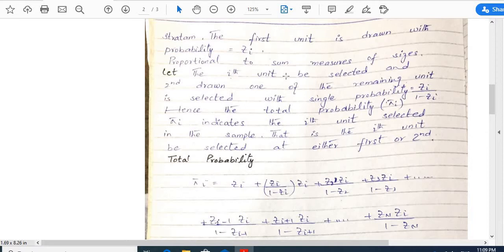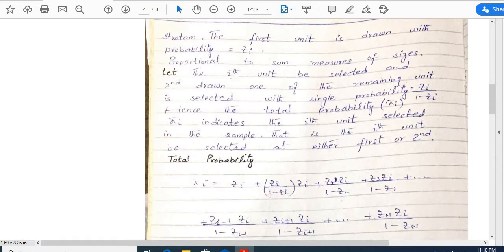The total probability pi i is equal to Zi over... Zi plus Z1 divided by 1 minus Z1. Sorry, it is a Z1. This is Z1.